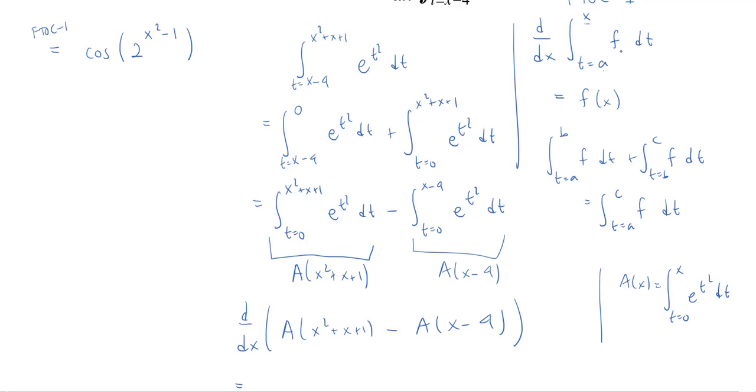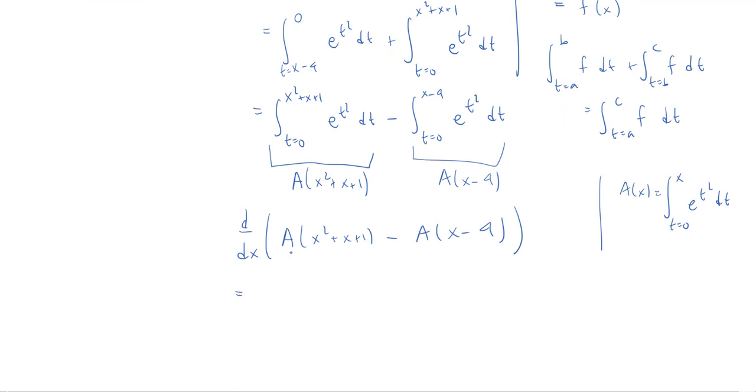It would just give me this function at x. So when I differentiate this guy, I'm just going to get my function e to the t squared at x, but x here is x squared plus x plus 1, quantity squared. But I'm not done yet. I feel like I'm done, but I'm really not.